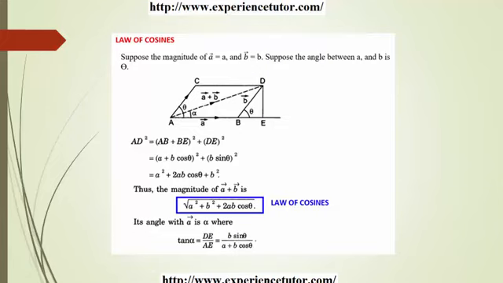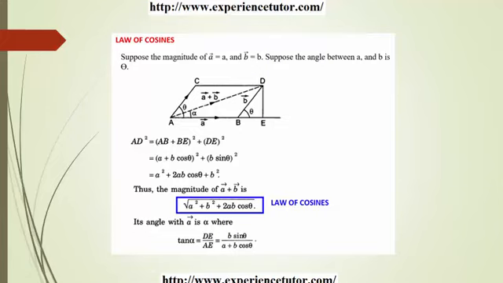Law of cosines. Suppose the magnitude of vector A is equal to A and vector B is equal to B. Suppose the angle between A and B is theta. Therefore, from the given figure, applying Pythagoras theorem, we get AD square is equal to AB plus BE square plus DE square.